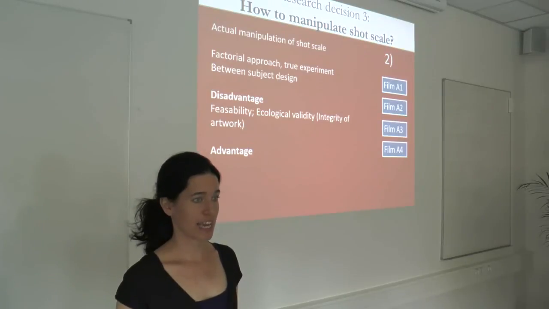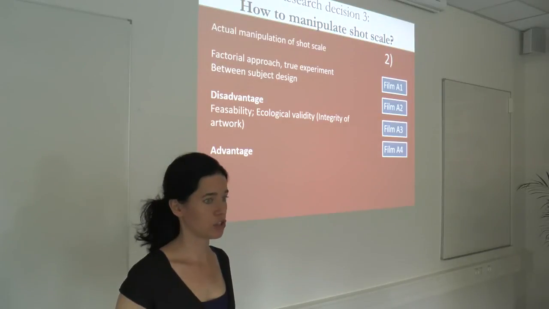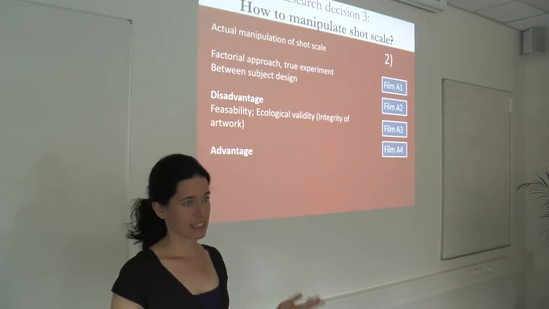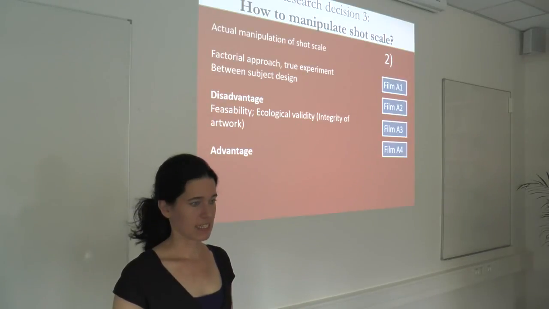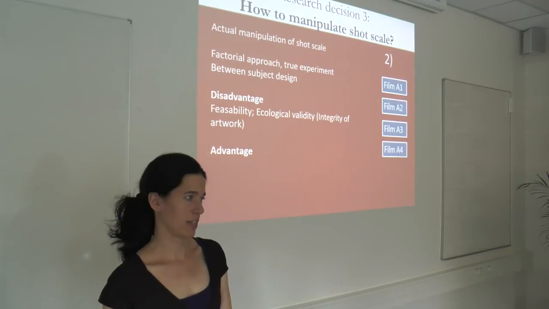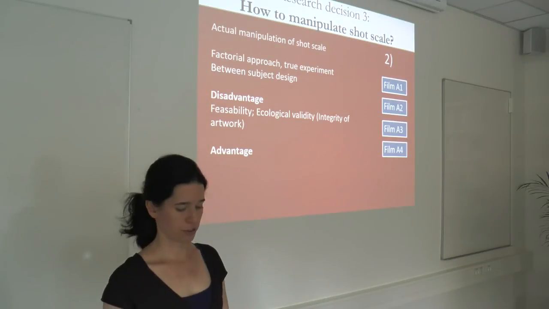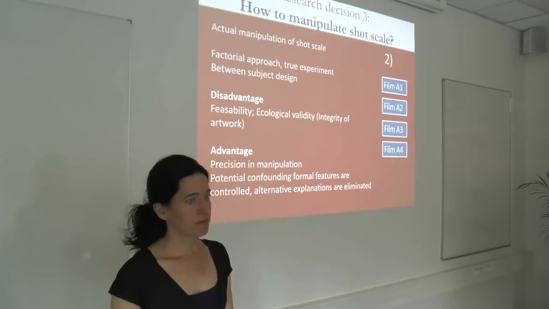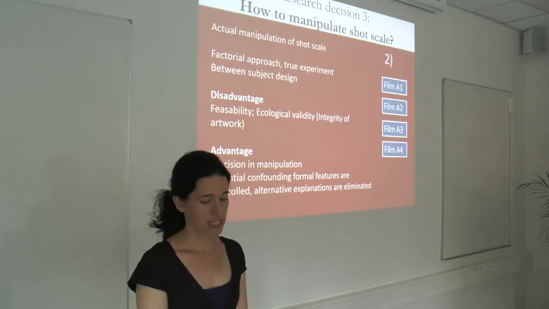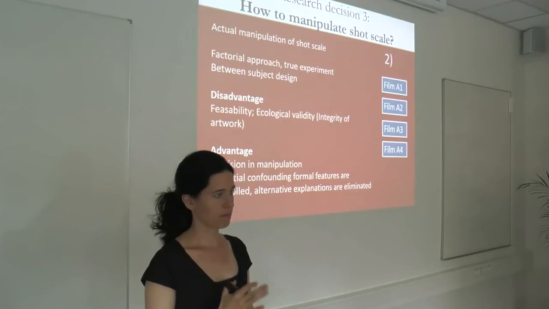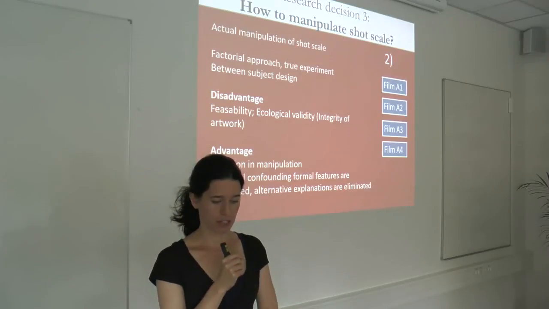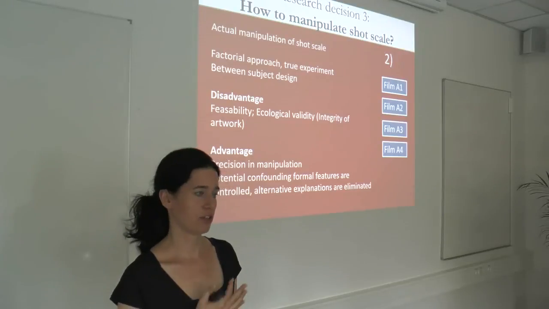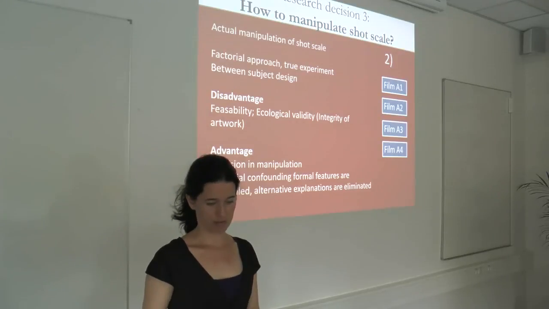You need to create movies for yourself, which can be difficult. And as I said, the ecological validity question will come up, and you will have to defend or argue for your decision. The advantage of this method is the very high level of precision in the manipulation, and you can exclude the previously mentioned confounding formal features.